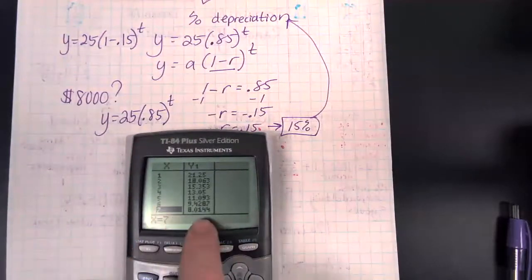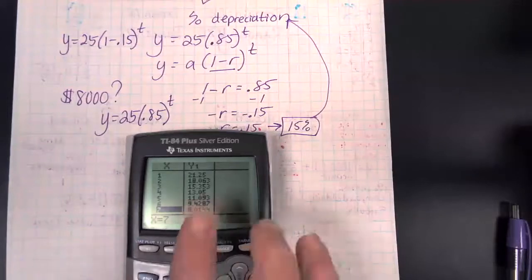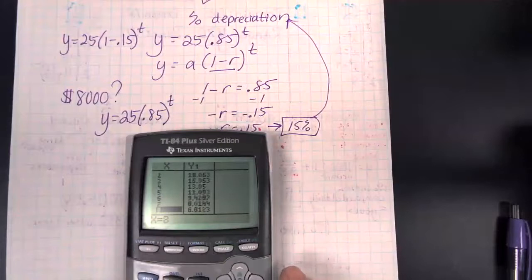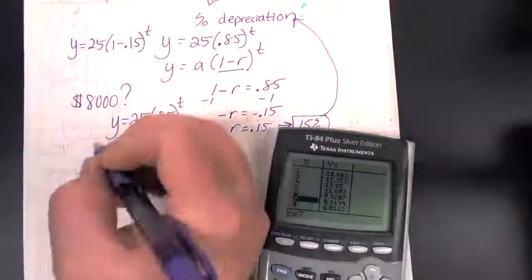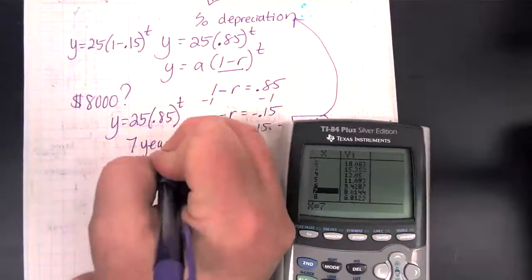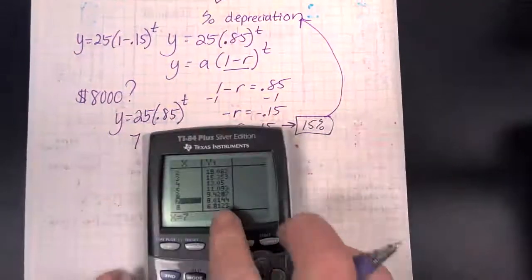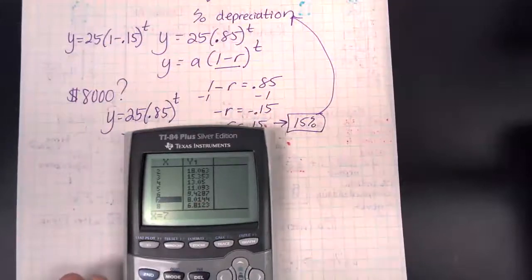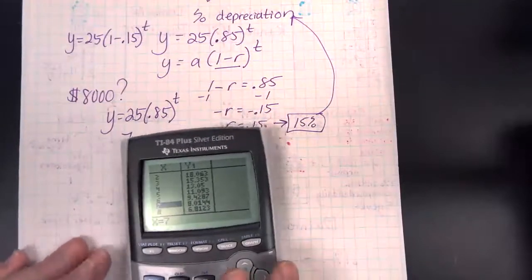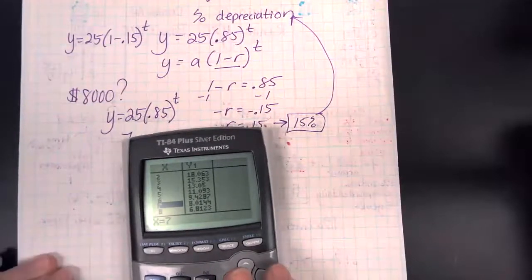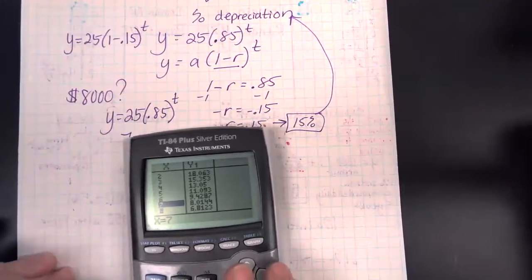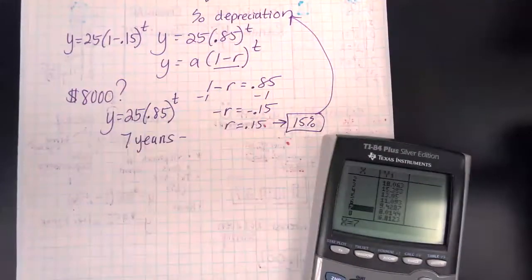So by year 7, your $25,000 car is only going to be worth around $8,000. Okay? So 7 years. Which is kind of funny. How many of you are driving a 7-year-old car? I know I am. So this is why when you go to trade your car back in, it's not worth as much because of depreciation. Okay, thanks, friends.